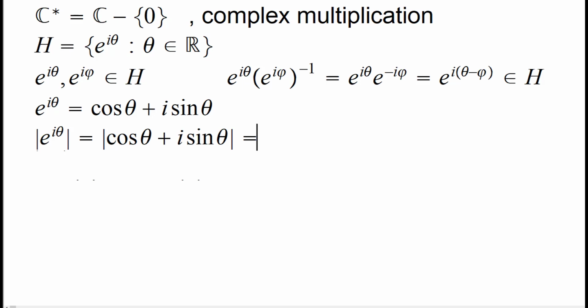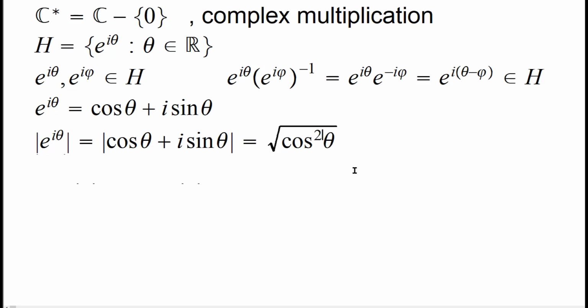Just this modulus, so that is the square root of cosine squared theta plus sine squared theta, and that by the Pythagorean identity becomes 1. And so what happens? Every element here in H has a length of 1. So they will all just be on the unit circle in the complex plane.